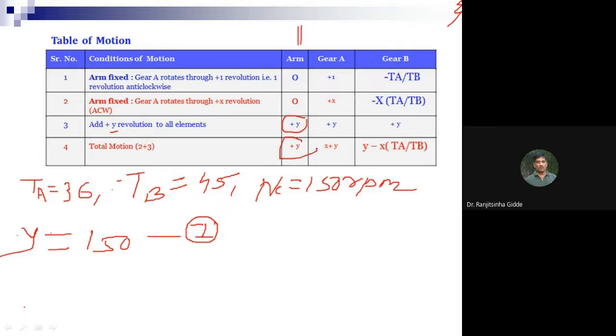So for this we have written, and what is remaining? This gear A. So what they have made, total motion of gear A, that is x plus y, total motion of gear A, which is fixed.